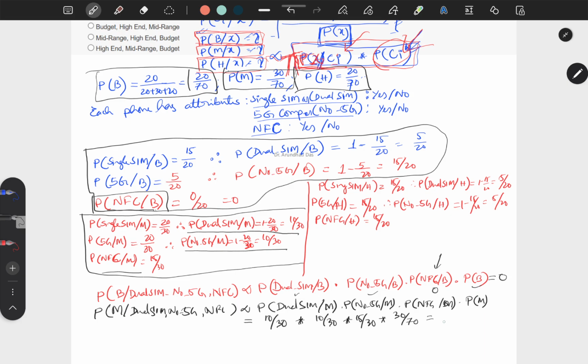If we multiply, the value comes out as 0.023.